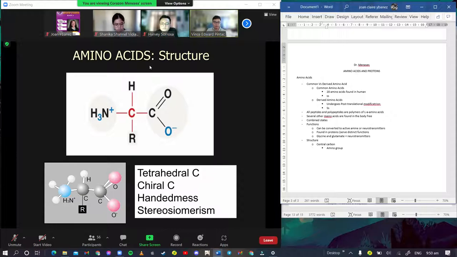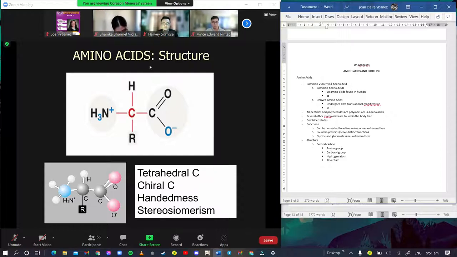Then you have your carboxylic acid group, which is your C double bond O, then an O and your hydrogen atom, and then also your side chain, Doc, which is represented as R. Okay, so can you talk more about the alpha carbon, which is the central or the tetrahedral carbon?